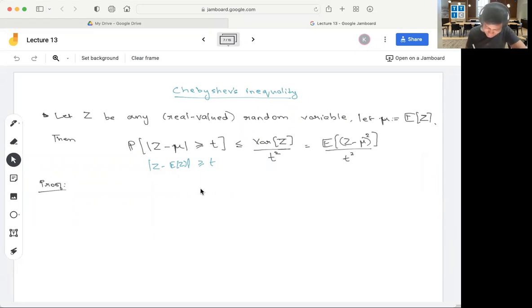As in a lot of these proofs, it will be obtained by applying Markov's inequality. And this is how. Let's say we define y as z minus mu whole square. So y is also a random variable.